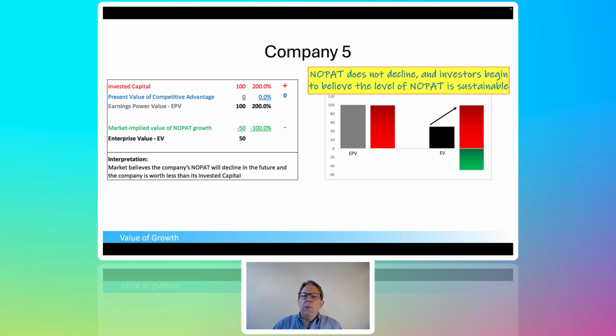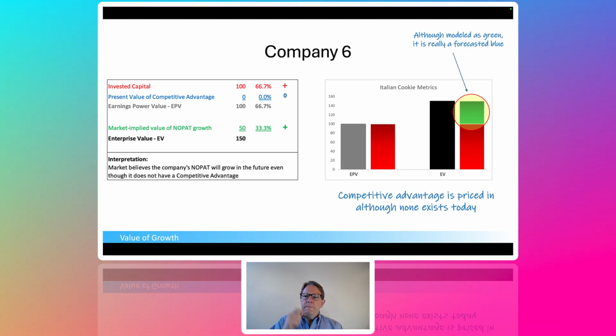It's pretty simple: NOPAT does not decline. What's priced in is a decline in NOPAT, an erosion in the business. How do you make money? Management does a better job than investors think, and that value holds, that NOPAT holds. And guess what? It will always be worth its invested capital, as long as it's not kind of liquidating, going out of business. All right, company 6.